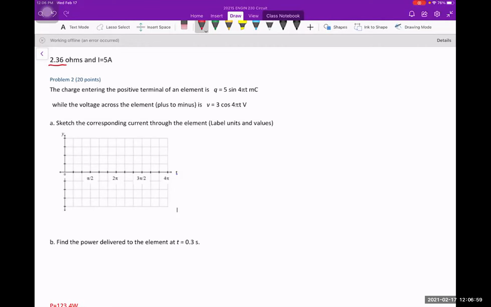So the first thing, when you are given Q, and Q is related to current, I can find the current just based on this equation, right? So what is the current equal to? Well, by definition, current is dq over dt. And the Q is given, then you just take the differentiation of that.